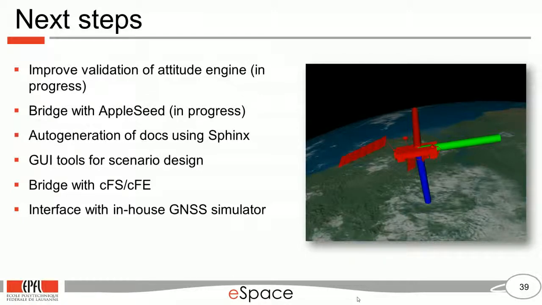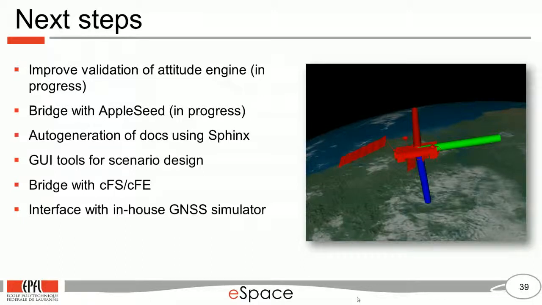Finally, cFE and cFS. The reason I mention them here is that the way our simulator is implemented, it comes at a step before. cFE and cFS, the way I understood it, really work with actual hardware and allow you to go very low level.